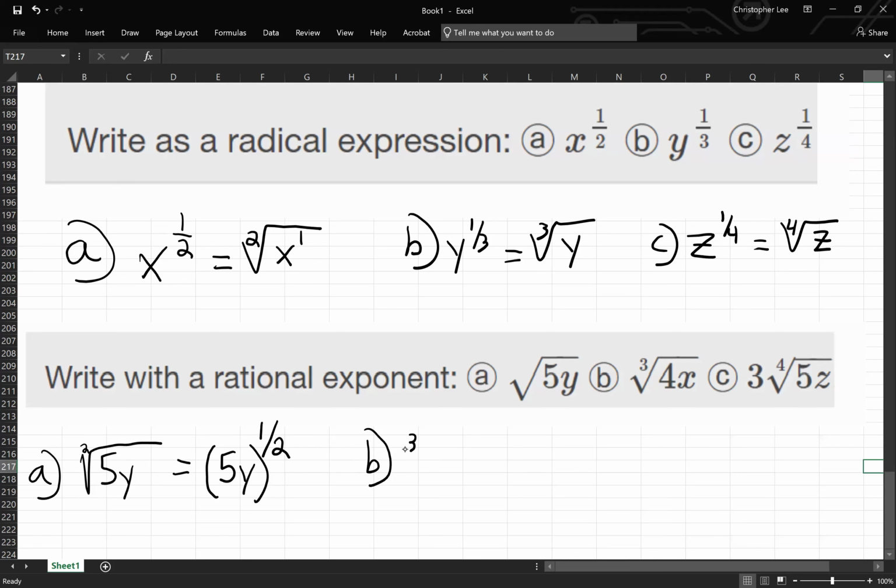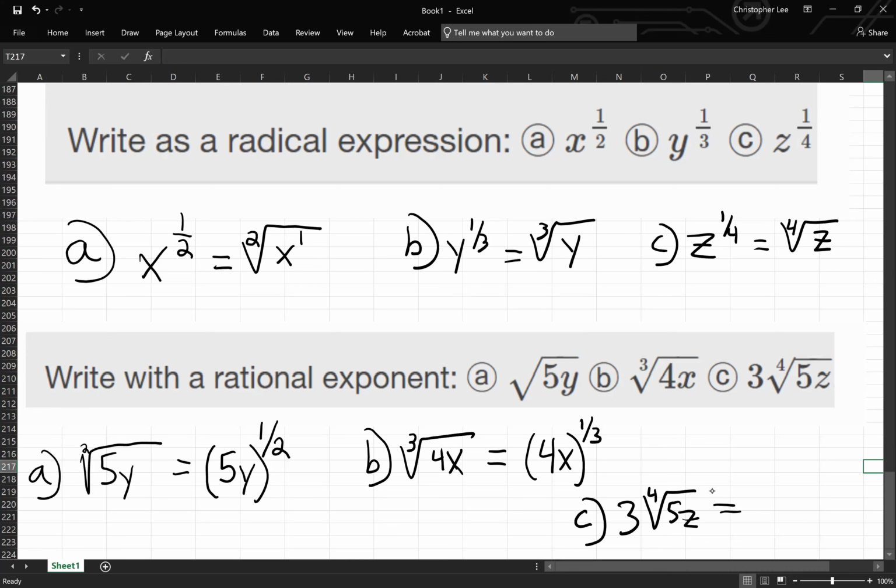What about B? B says they have the cube root of 4x. What's the answer? 4x raised to the what? 1 over 3. Very good. That's it. How about C? A little bit harder. I have 3 times the fourth root of 5z. What's my answer?